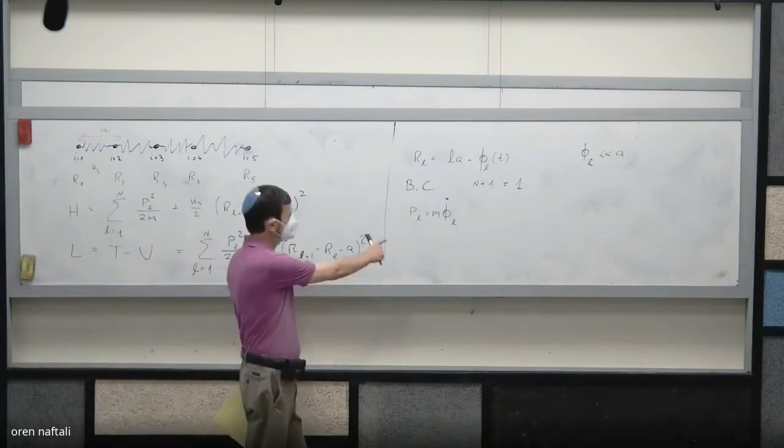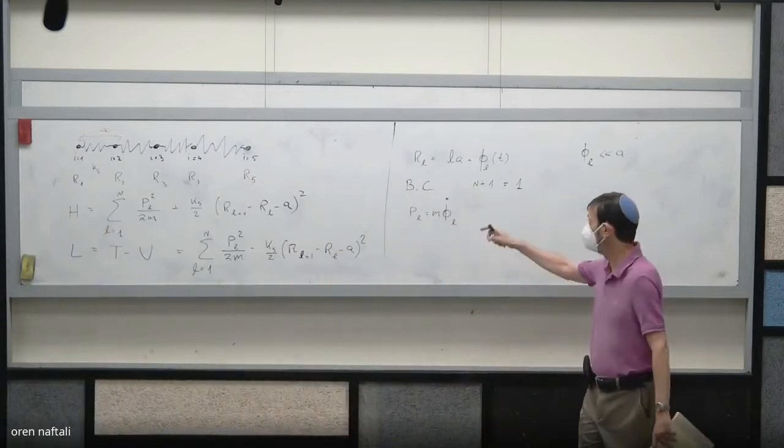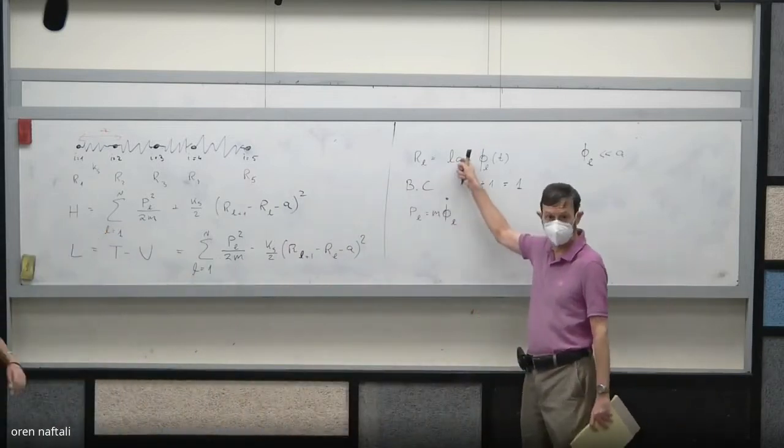Okay, so the momentum is just n times the derivative of r, but that's constant.